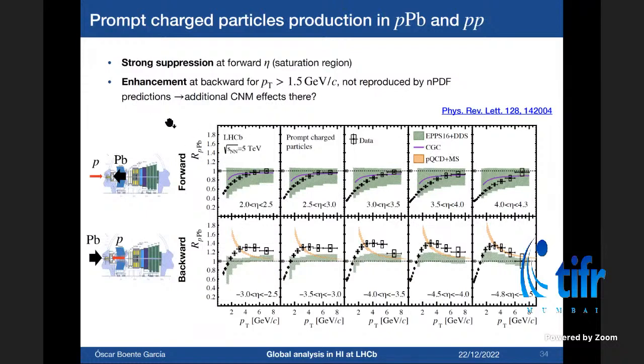But in the backward region, we see a strong enhancement for pT larger than 1.5, let's say. And this is not predicted, for instance, by nuclear PDFs, and this points towards additional cold nuclear matter effects in this region.